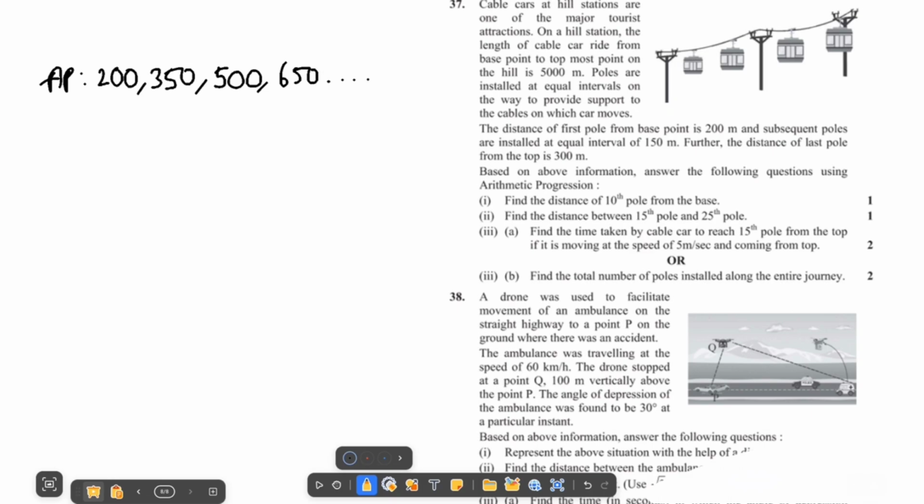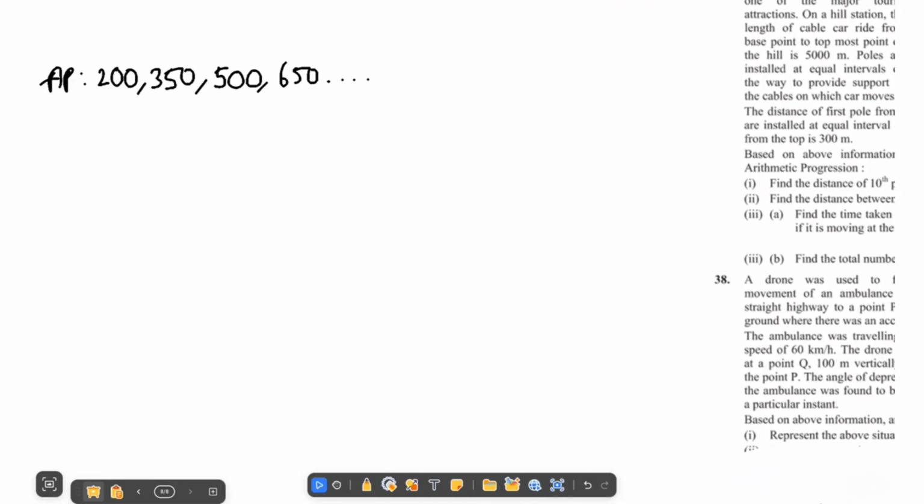What is the last pole distance? The last pole is 300 meters from the top.